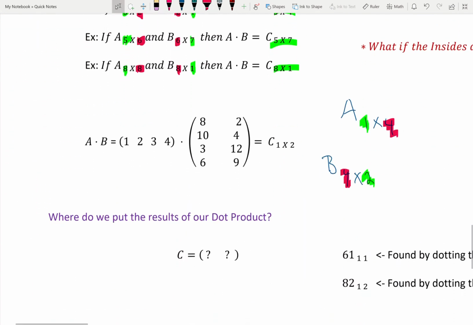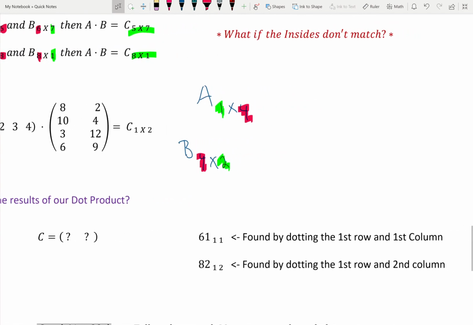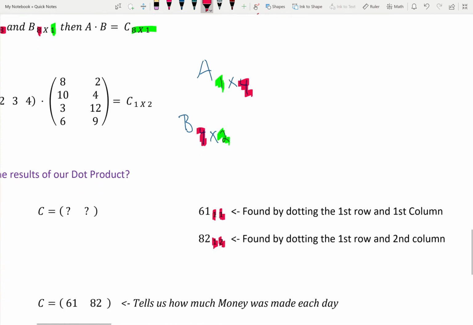Okay, so let me scoot over. 61 was found by taking the first row and the first column. 82 was found by taking the first row and the second column. So that means we're going to put 61 in the first row, first column, and we're going to take 82 and put it in the first row, second column.